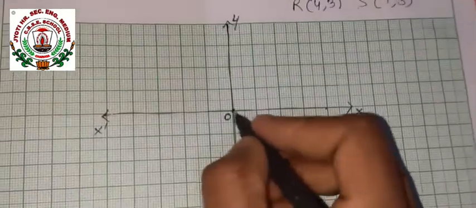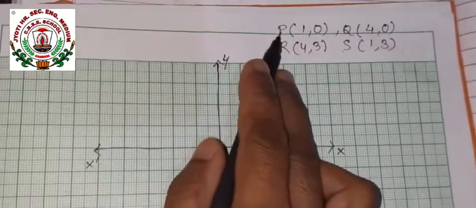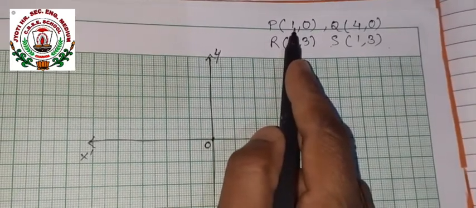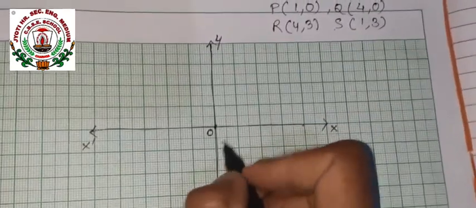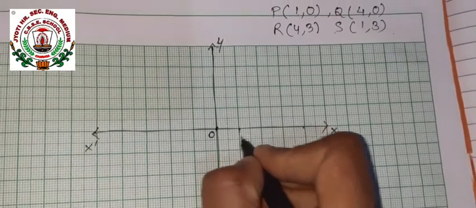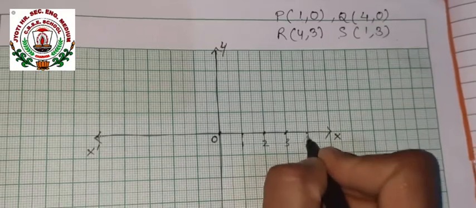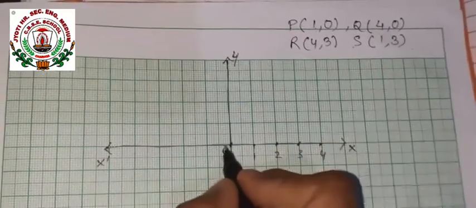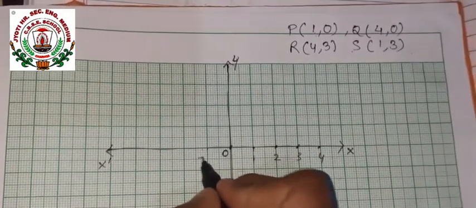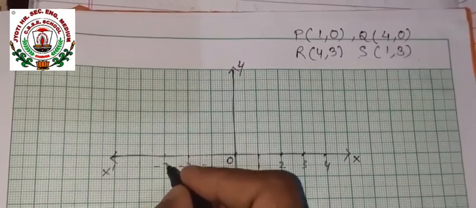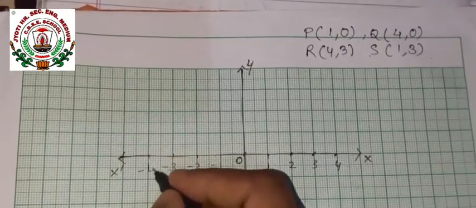Okay, now see what is the point. P is given as (1, 0). 1 means x value is 1, y value is 0. So you can see here, first give the numbers. This is 1, this point is 2, this point 3, this point 4. Same way to the left, -1, -2, -3, -4.